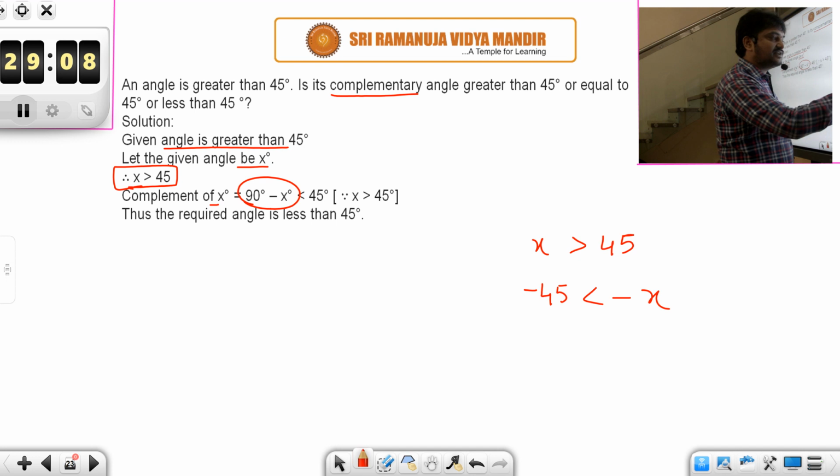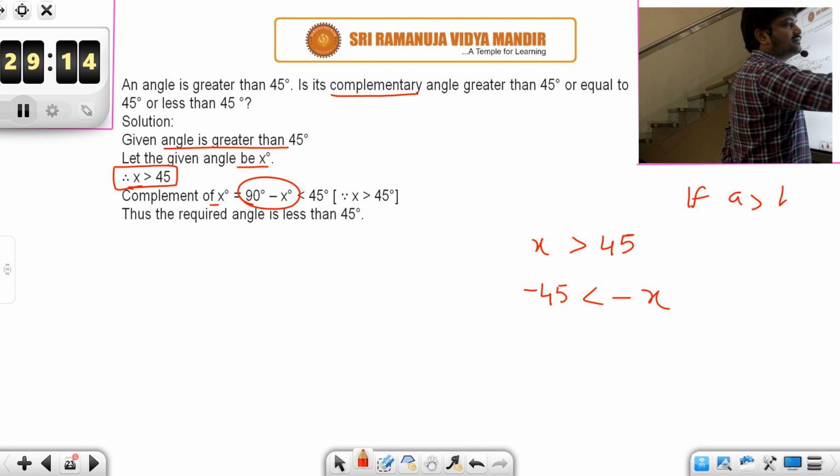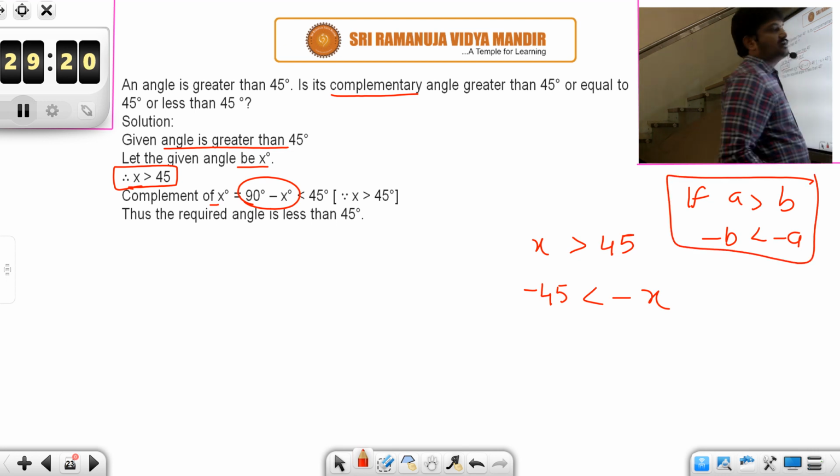See, always remember, whenever you multiply by a minus sign, the inequality changes. If A is greater than B, then minus B will be less than minus A. Whenever you multiply both sides by the same negative quantity, the inequality will change.